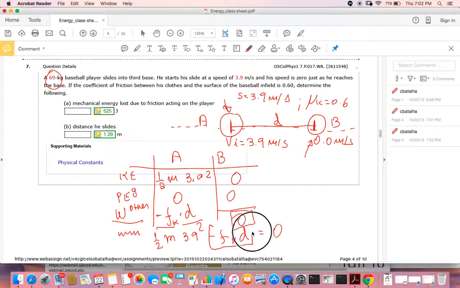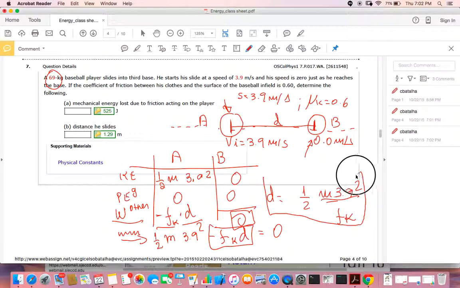This is the mechanical energy loss. So you had initially a certain amount of kinetic energy, and it was lost by the friction, and this is given by that. And the distance d is equal to half m v squared divided by the coefficient of friction. So when you solve this side of the equation, you can then resolve for d.